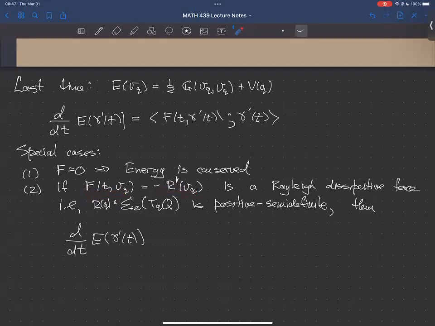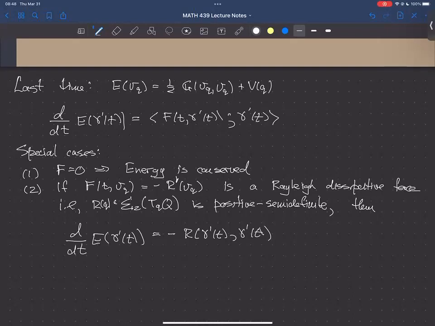So this is going to be minus R flat of gamma prime of t. But by the very definition of the flat map, this thing is equal to minus R of gamma prime of t, gamma prime of t. That's just the definition of the flat map.